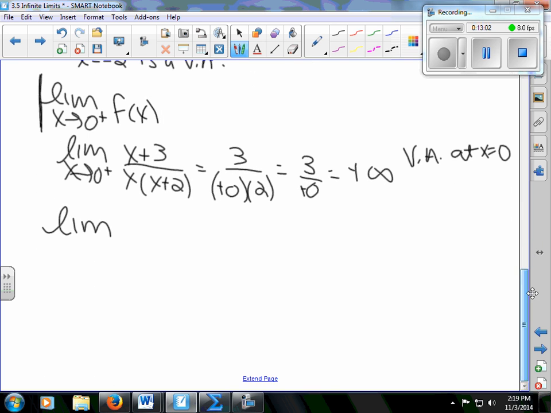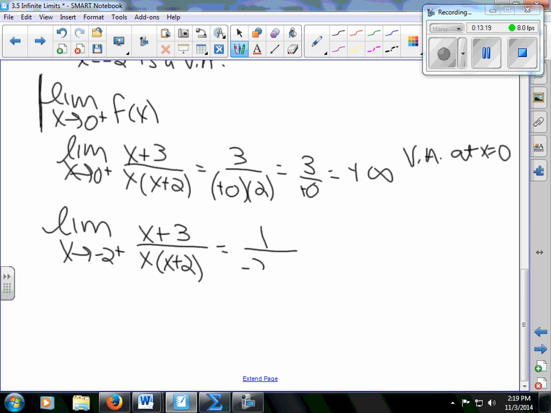The limit as x goes to negative 2. Let's come from the right. If I use my factored and crossed off version here, then I get 1, because negative 2 plus 3 is 1, over negative 2 times, now you have to think about this.